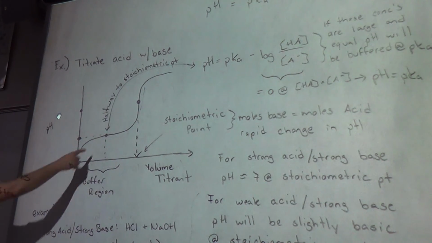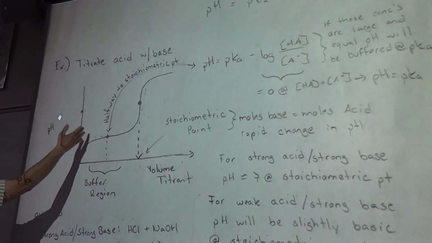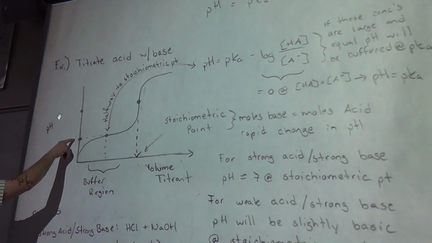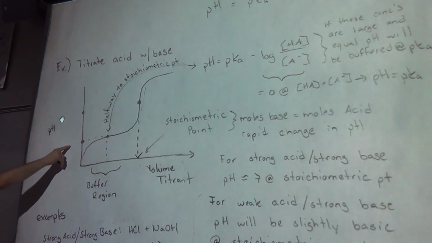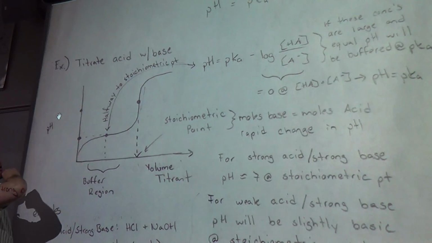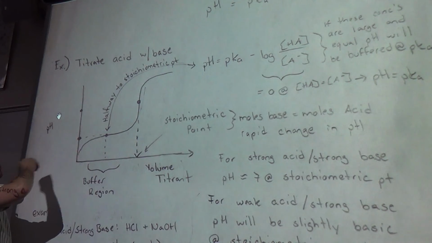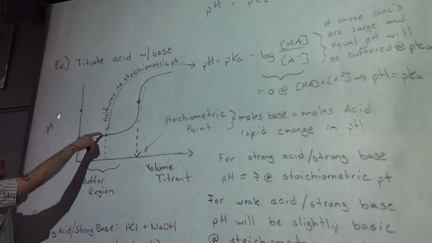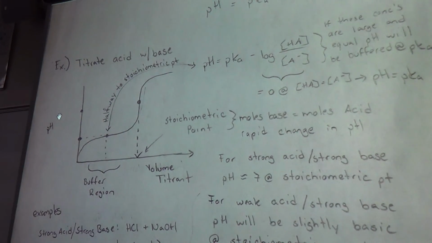So at this point, I didn't write it on the curve, I should have, sorry, the pH is equal to pKa. So this spot right here in the buffer region, where the pH doesn't change much with concentration, pH is equal to pKa.